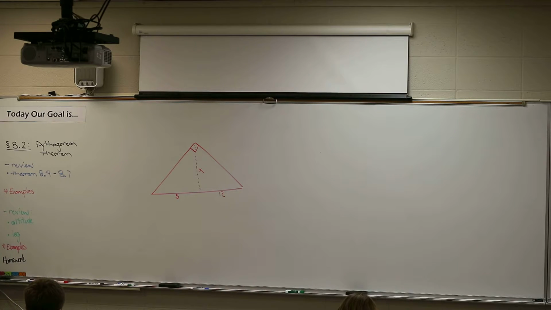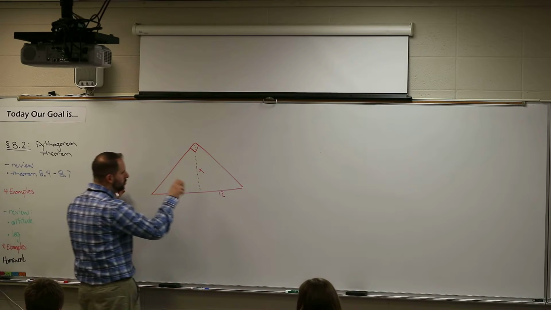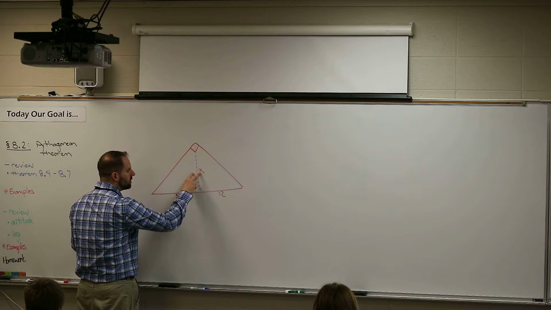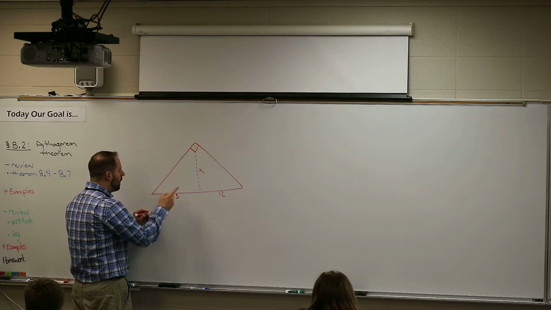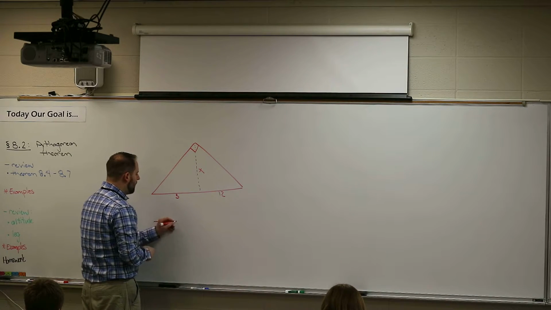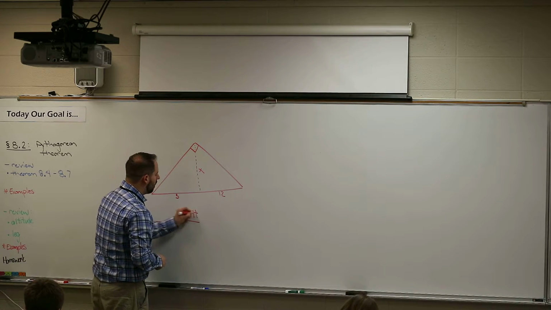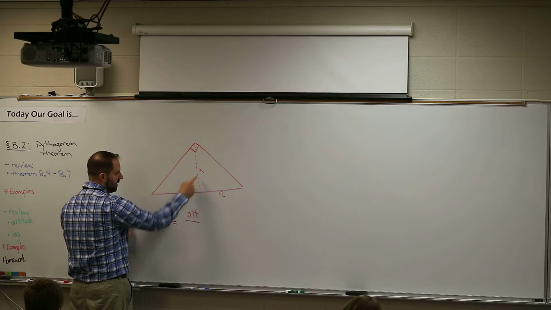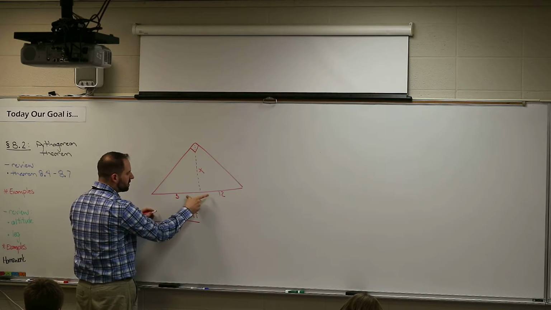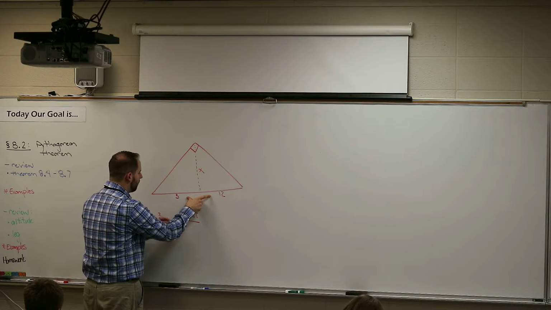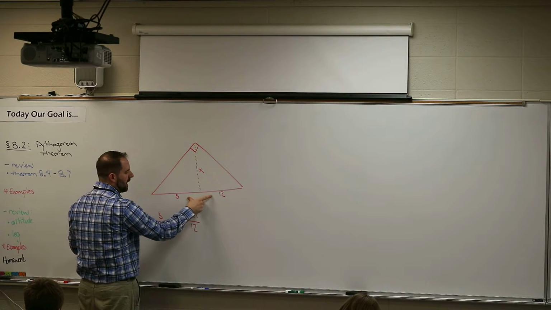That was one of our theorems. They called it the geometric mean. I think it was like theorem 8.2. It's called the altitude geometric mean. And how that works, if you don't remember from class: you put the altitude here and here in a proportion, whatever the altitude is as the height, and then you put the parts of the bottom that it touches, the 3 and the 12, which are the parts of the hypotenuse.